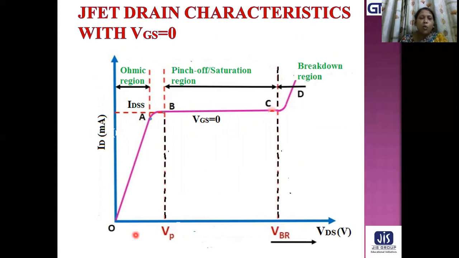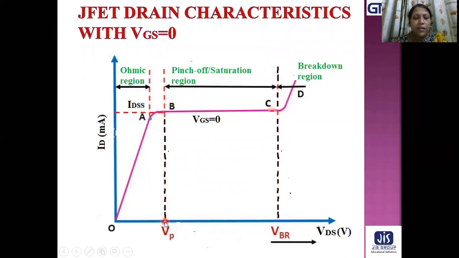So this part OA is linear, indicating that for low values of VDS, current varies directly with voltage following Ohm's law. It means that JFET behaves like an ordinary resistor till point A. Now we are concerned about curve AB. In this region, ID increases at an inverse square law rate up to point B, which is called the pinch-off point.